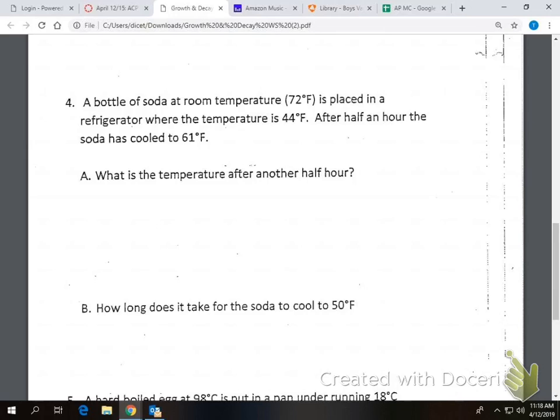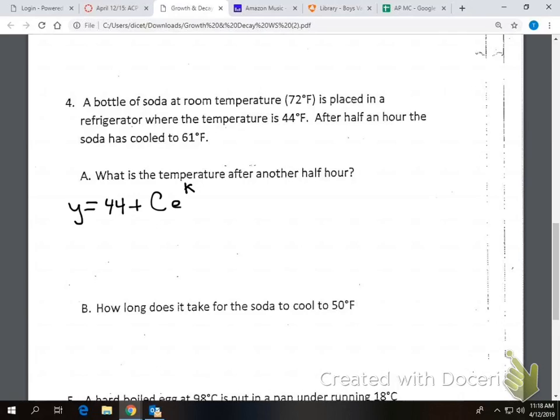Here's what we do. Y equals the temperature of where the soda is being cooled, not the temperature of the soda can. The refrigerator is 44 degrees, so it's 44 plus C times e to the kt.